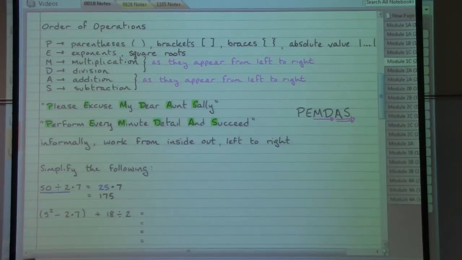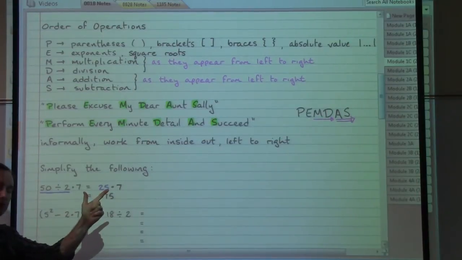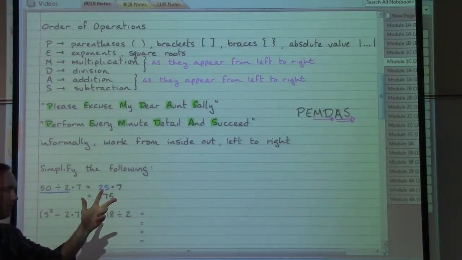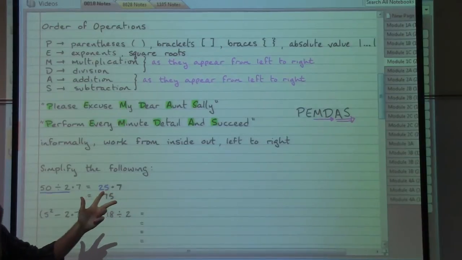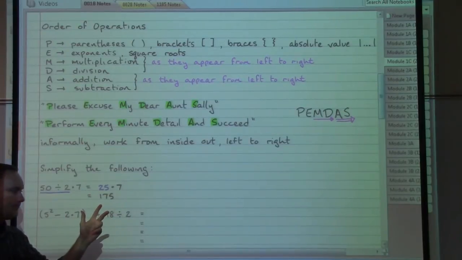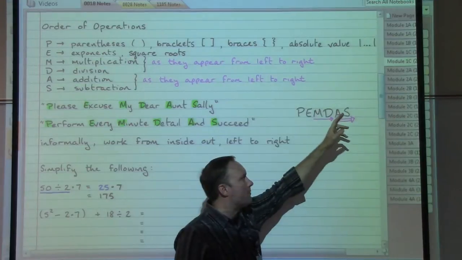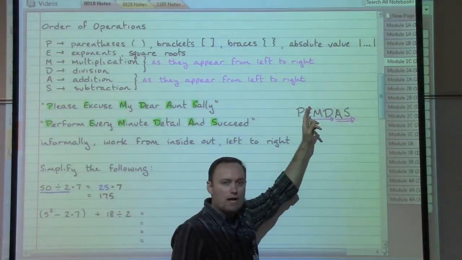So only reading that now: 5 to the power of 2 minus 2 times 7. There are 3 actions that I have to worry about here: my power, my minus, and my times. Out of those, which shows up first in my order of operations? Well, E is for exponent.